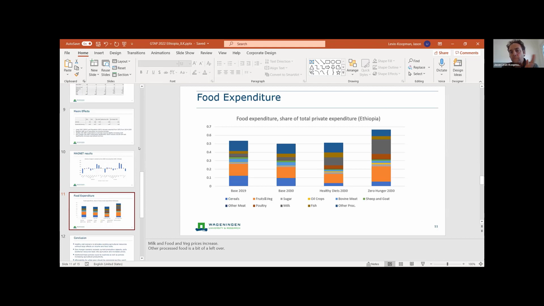If this really were attempted, then perhaps the wealthy would eat more than their fair share, but the poor just couldn't afford it, and they would go back to cereals. It's an interesting reality check on what the model shows.